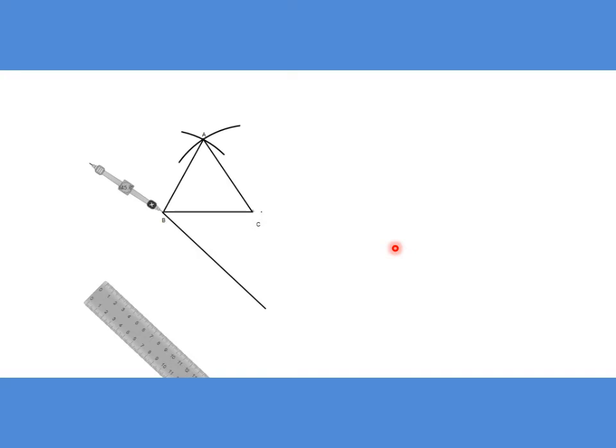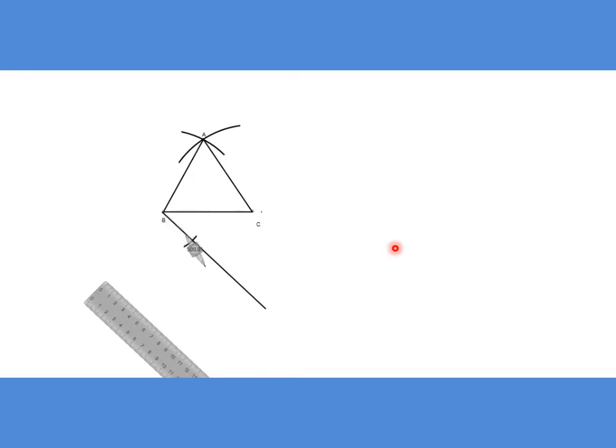So we mark 3 points on this ray such that they are at equal distance from each other.